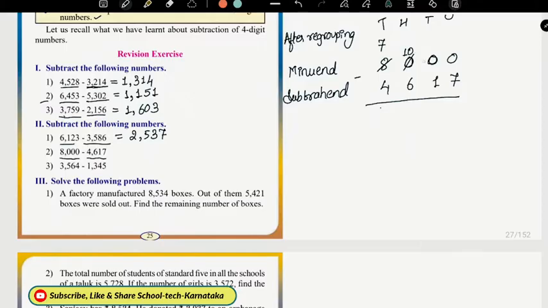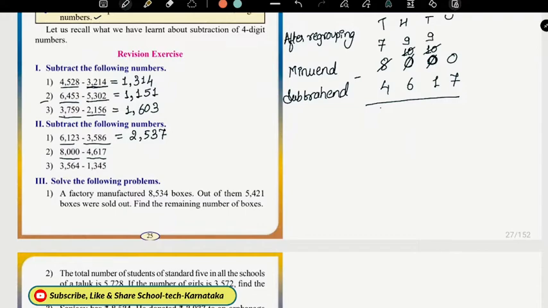Now, as we want to borrow a digit to tens place, we subtract 1 from this and we get 9, and we borrow 1 to tens place. So now, since we need to borrow a digit to units place, we subtract 1 from our tens place.